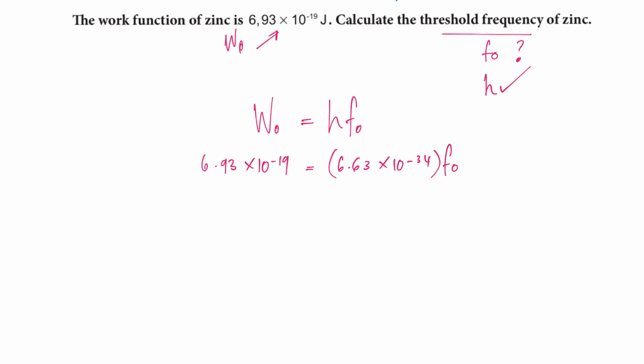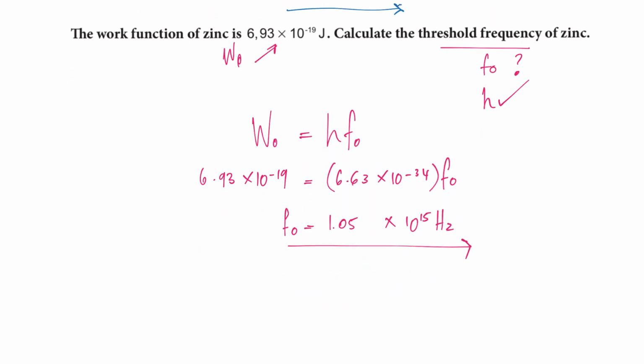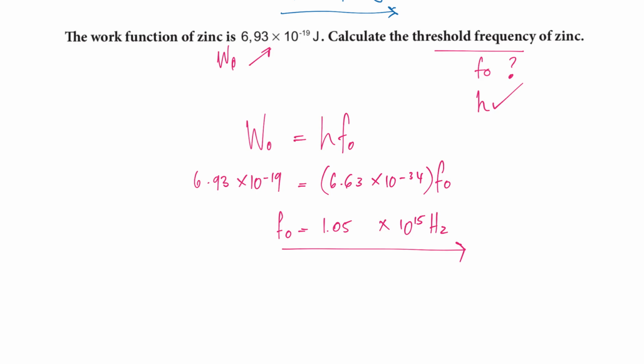So divide both sides by Planck's constant, and your threshold frequency for zinc is 1.05 times 10 to the power of 15 hertz. So the calculations are pretty basic. The most difficult part is when we do these calculations, you're going to have to pull off a graph, but I'll show you how those work in the next video. So this is video number 1. Once you're done, you can move on to video number 2.